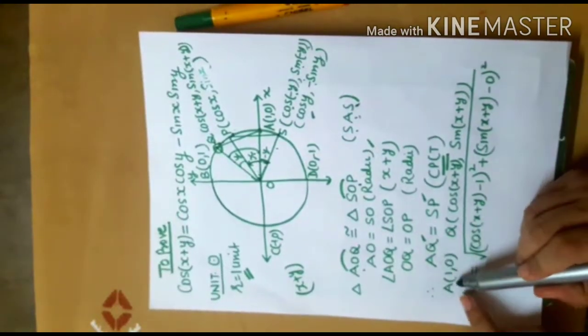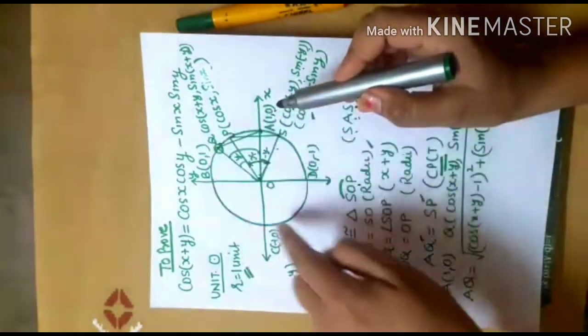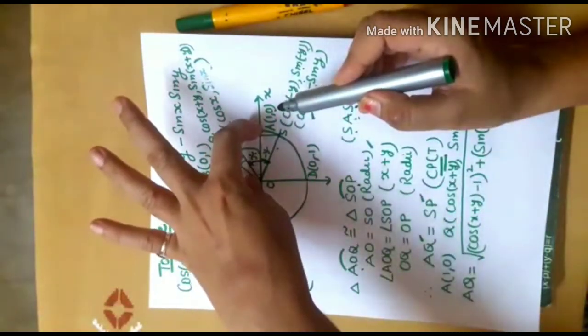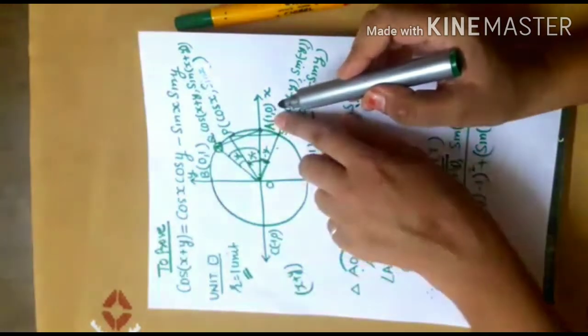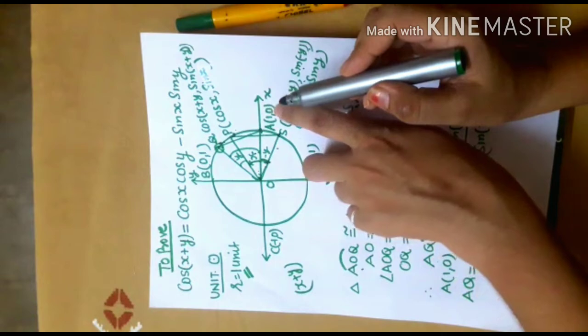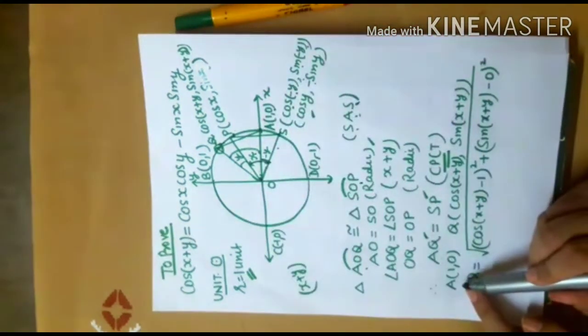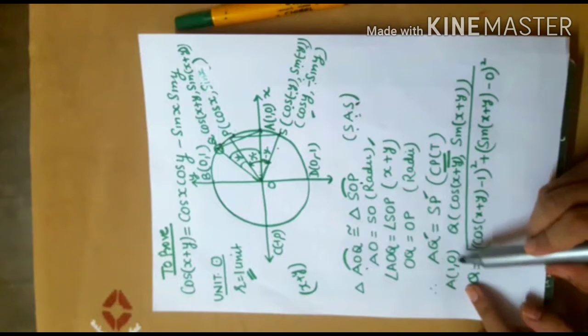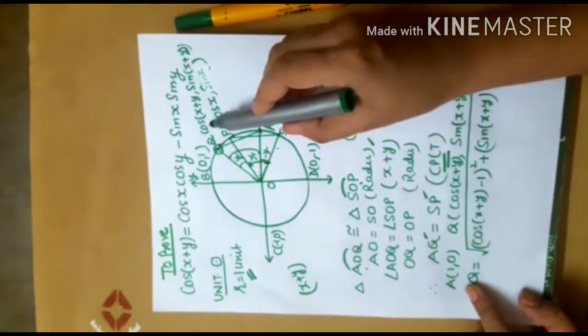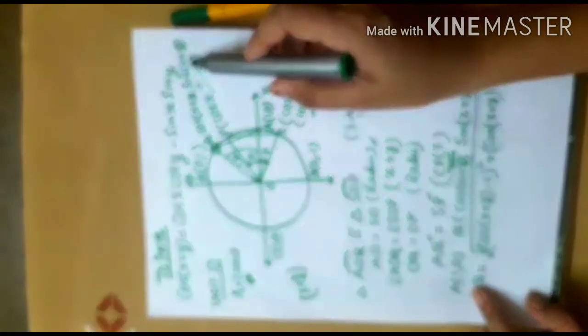Now, the coordinates of the point A are (1, 0) because this is a unit circle. So this distance will be 1 unit. So the x coordinate will be 1 unit and the point lies on the x-axis, so the y coordinate has to be 0. The coordinates of the point Q are (cos(x+y), sin(x+y)).